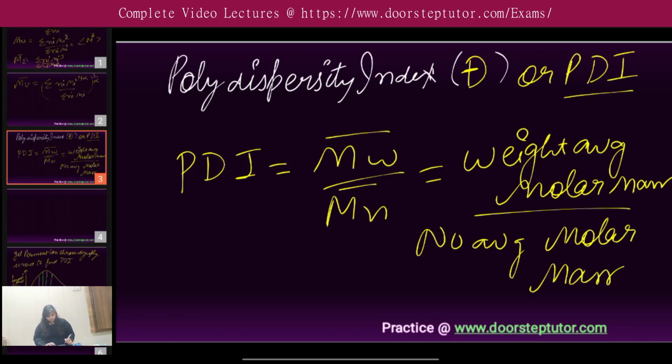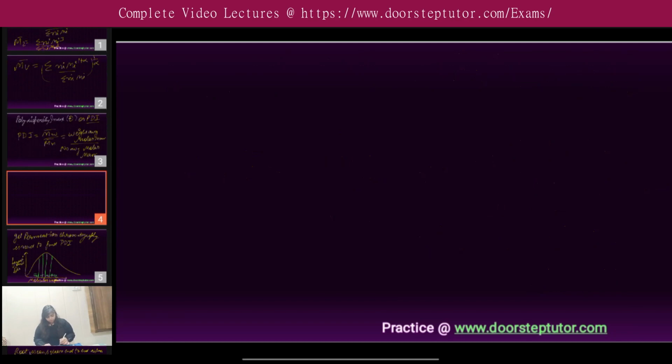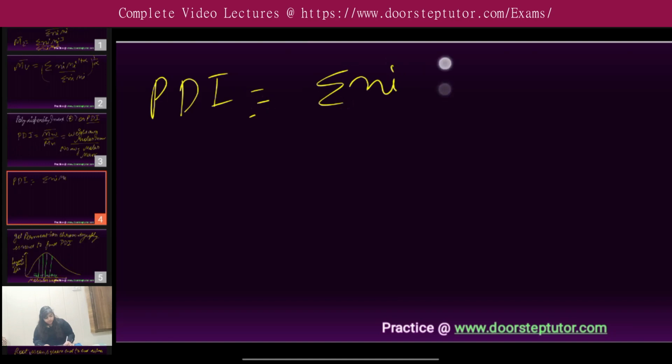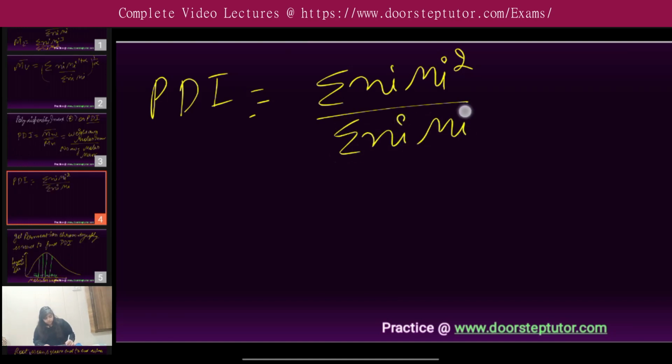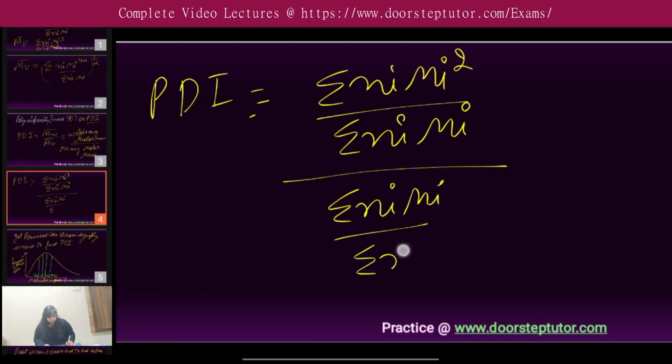Okay, so this is the formula we wrote for the Mw. So the PDI is going to be equal to summation of Ni Mi square upon summation of Ni Mi, this is the Mw formula, upon the Mn formula, that is summation of Ni Mi upon summation of Ni.